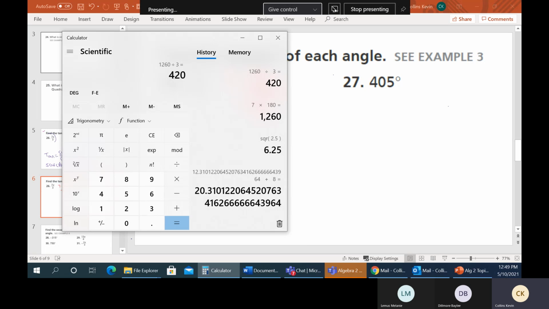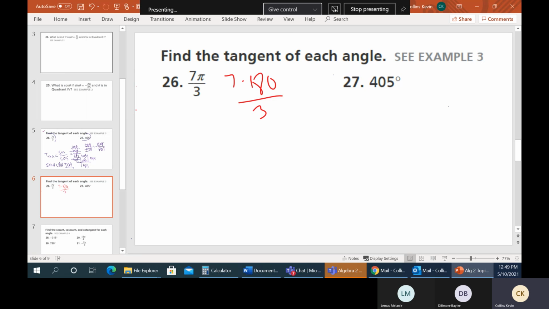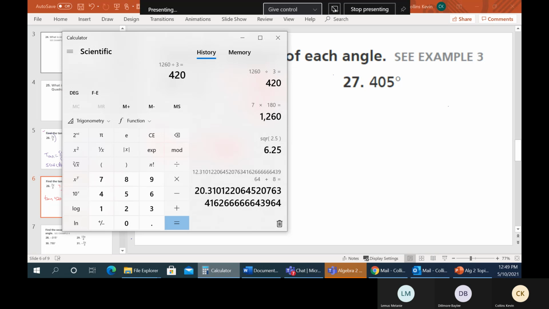Okay, so that's 420. So this will be the tangent of 420. All right, so let's do that on our calculator. So we've got 420. We go over here, we hit the tangent, and I get 1.73 blah, blah, blah.